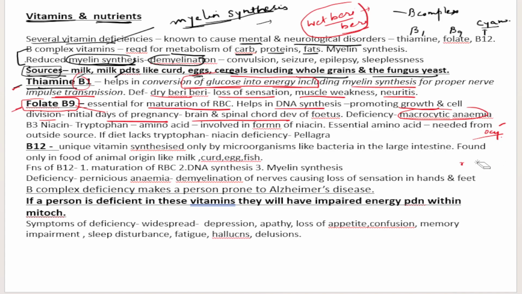Then we come to another important vitamin, that is vitamin B3, niacin. Now, there is an amino acid known as tryptophan, which is involved in the formation of niacin. This amino acid, tryptophan, is involved in the formation of vitamin B3.